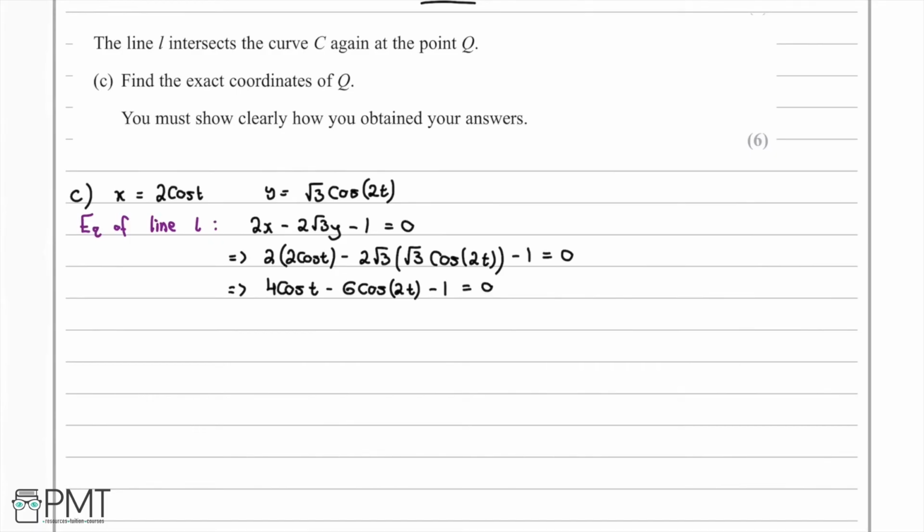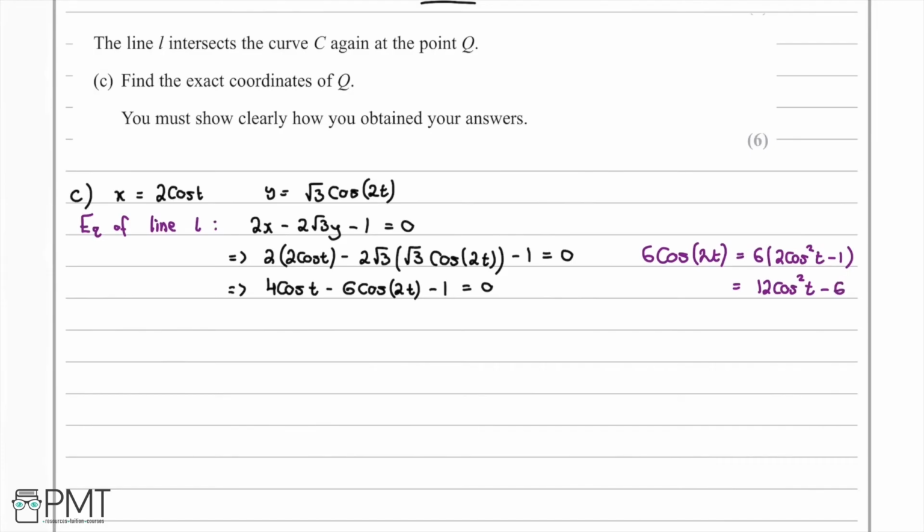Just to remember, what we're doing now is taking this equation and solving for t. So recall that 6 cos 2t, by the double angle formula, is going to equal 6 lots of 2 cos squared t minus 1, which is equal to 12 cos squared t minus 6.